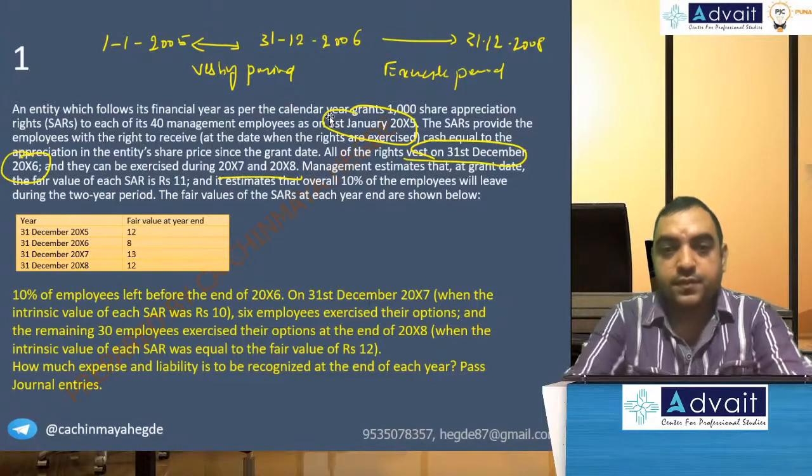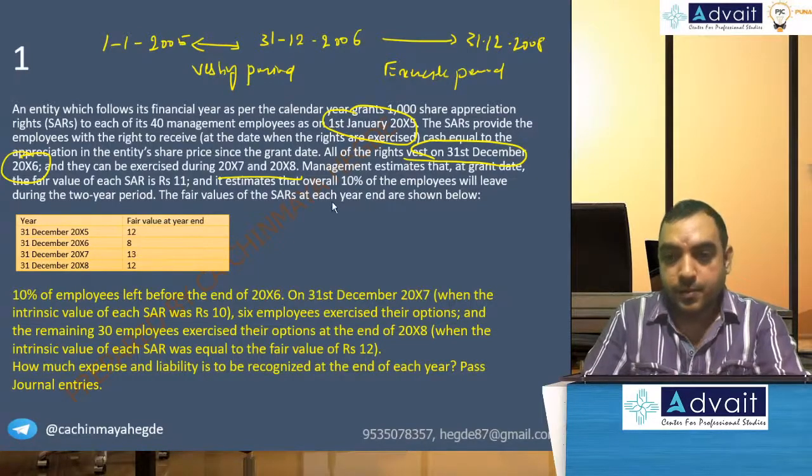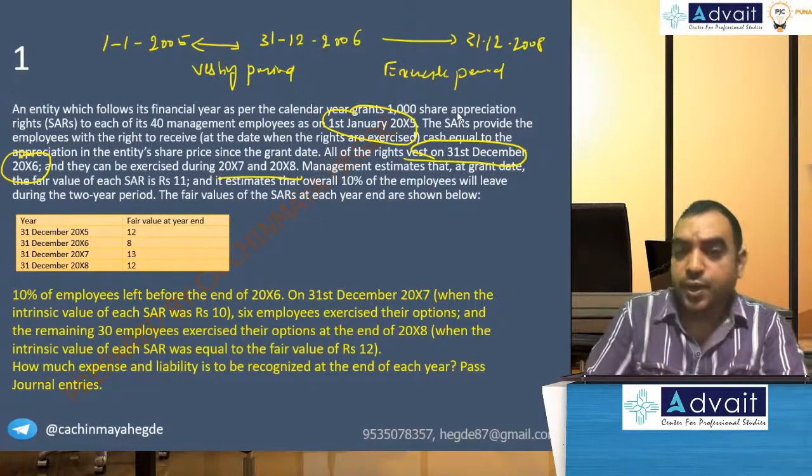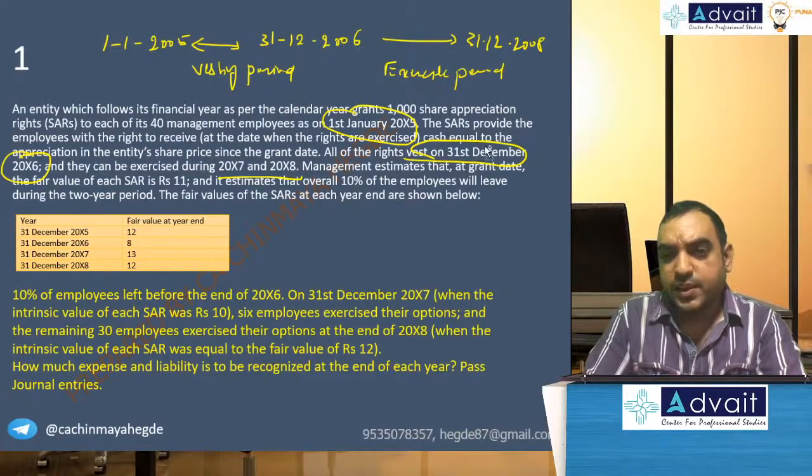Then 31st December 2006. Then 31st December 2007 and 2008. However many years there are, you can have that many columns.